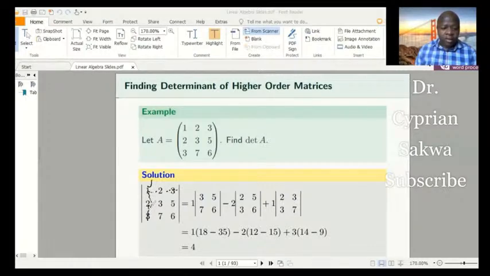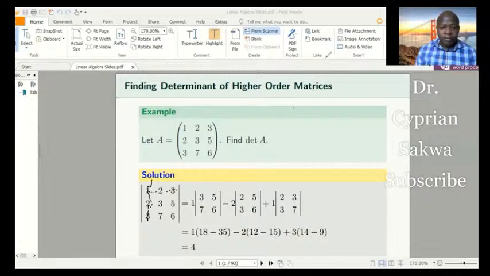So when I delete the row of 1 and the column of 1, the matrix that is left is 3, 5, 7, 6. So I've taken this element 1 and multiplied it by the determinant of that matrix that remains on deleting row 1 and column 1.